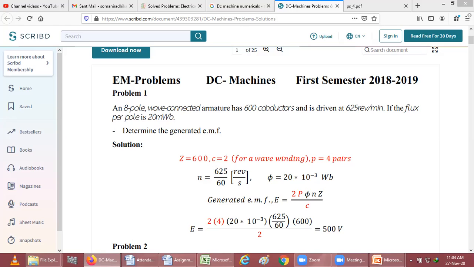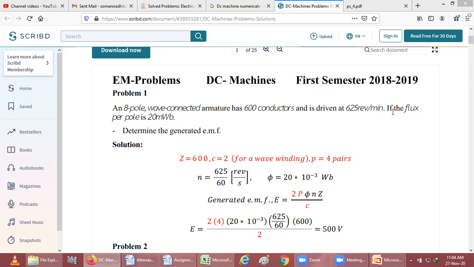The armature will have 600 conductors and is driven at 625 revolutions per minute. This is nothing but capital N. You are supposed to take small n, rotations per second. Revolutions per minute to per second, in 60 seconds you can convert: 625 upon 60, so you will get the value of speed in seconds.